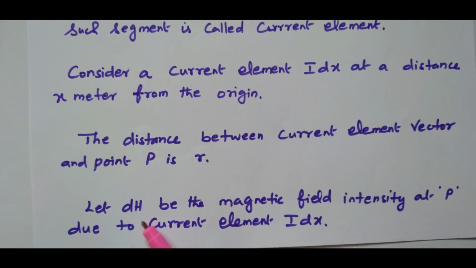So dH is the magnetic field intensity at point P due to the current element Idx. dH means magnetic field intensity due to only one small current element Idx. So by integration we will get the total magnetic field intensity.